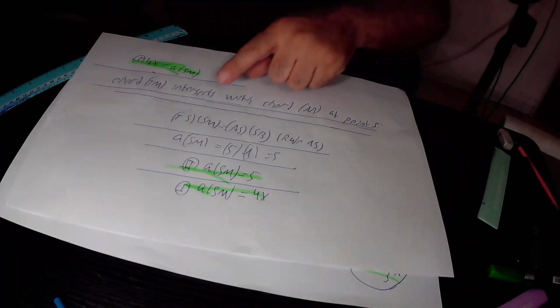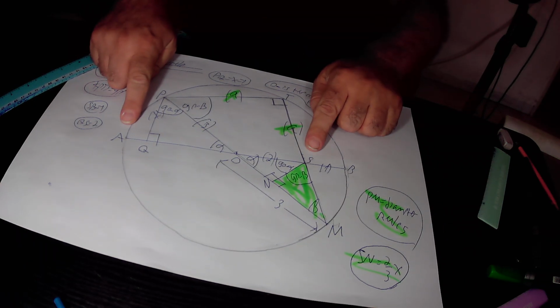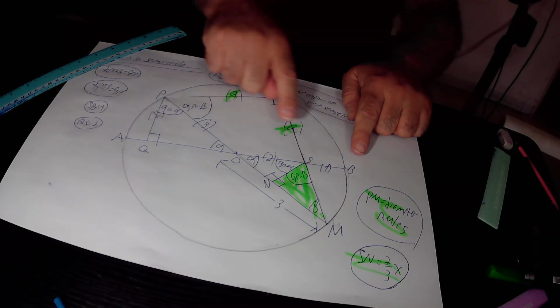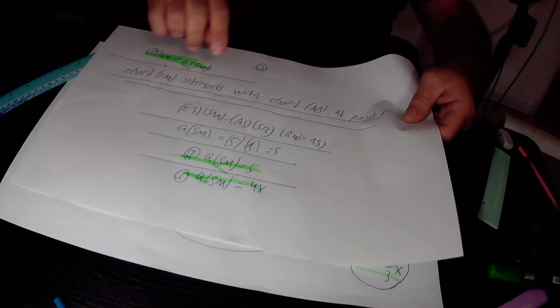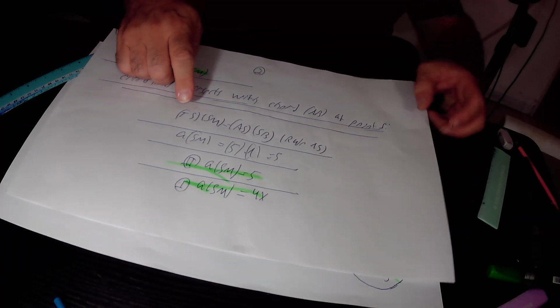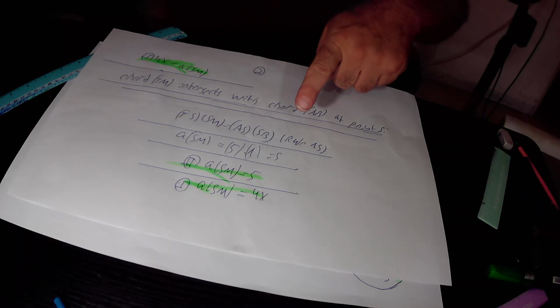SM is the missing side, so leave it as it is. And it is equal to AS. AS is 3 plus 2, that is 5. SB is 1. So in total, A times SM equals 5 times 1, that is 5.